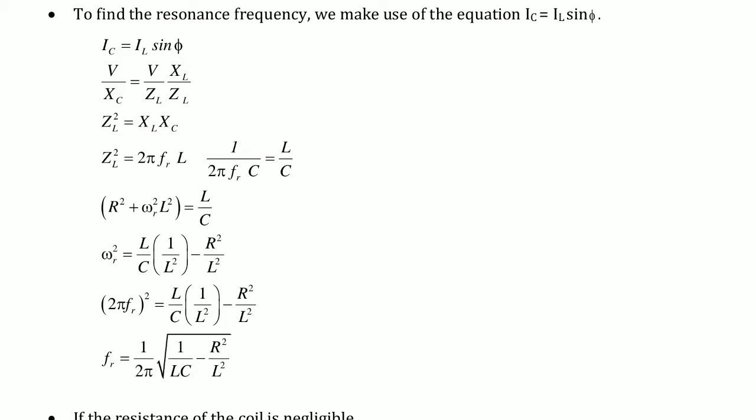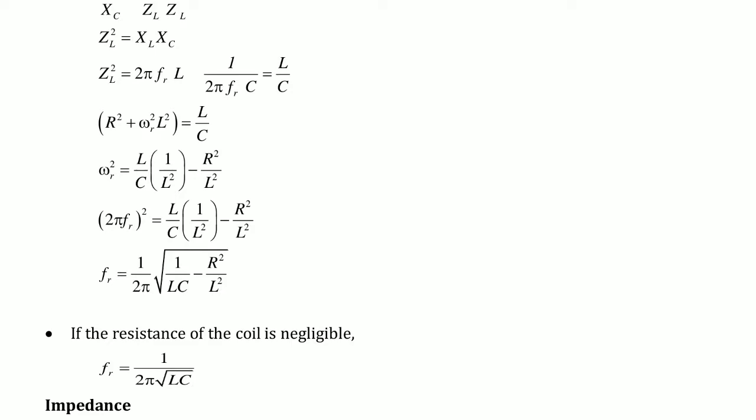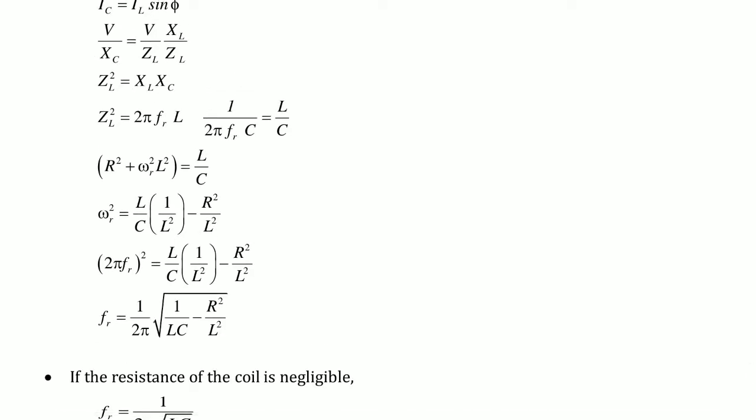Omega is nothing but 2 pi f, so substituting, we get 2 pi fr whole square equal to L by C of 1 by L square minus R square by L square. From this equation we get the resonance frequency equal to 1 by 2 pi under root of 1 by LC minus R square by L square.